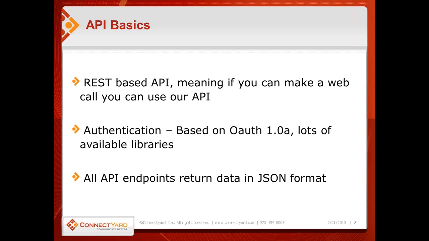So while OAuth can be cumbersome on the low end, all these libraries are basically there to help you abstract all that heavy lifting. And you'll see when we actually get to the code side of things how easy it is when you have a library to actually make an OAuth call, because that library will do all that hard work for you of getting everything in the right spot and set up correctly, so we can actually validate the user.